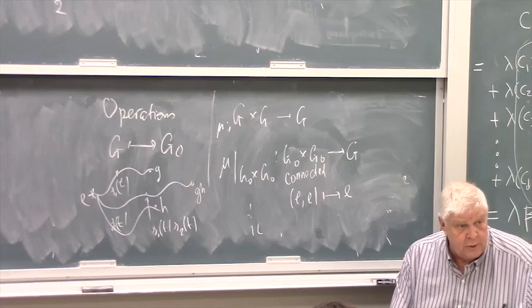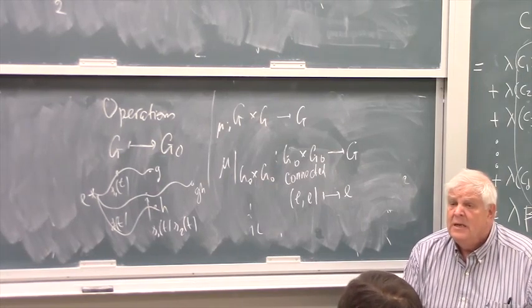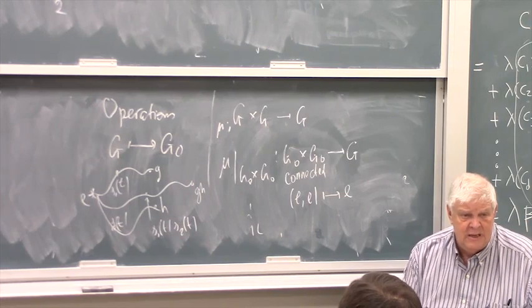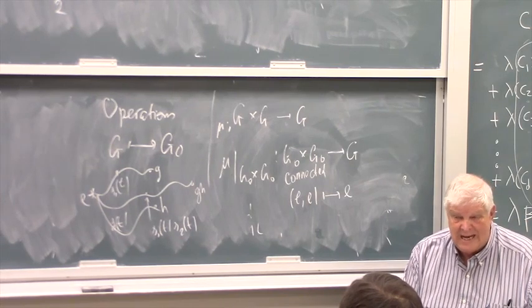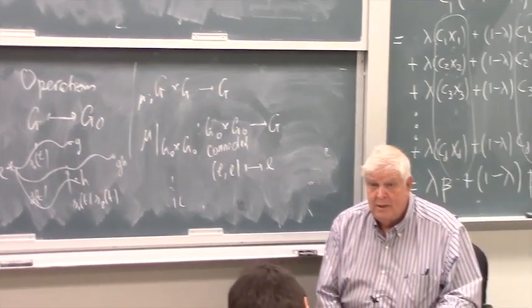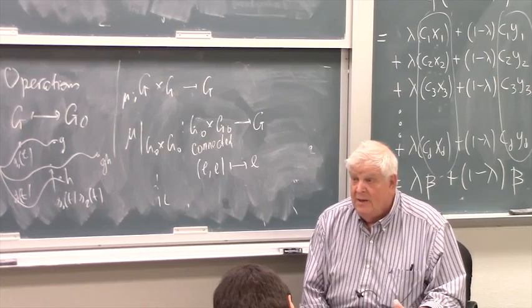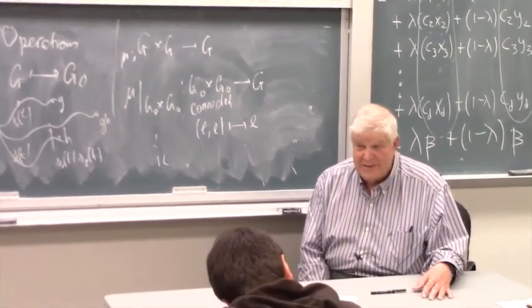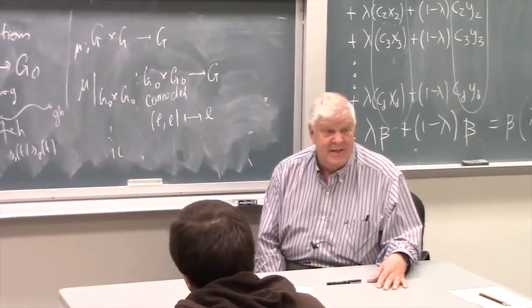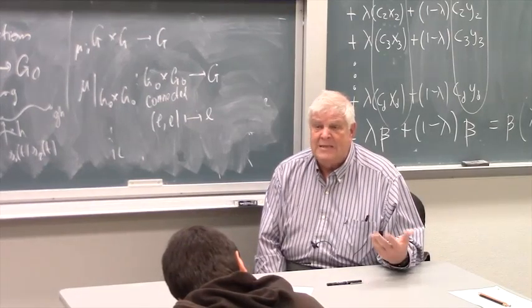So G0, the component. In our examples, I can only say that the component of O_n is SO_n. By the way, the group GL_n(R) also is not connected. The determinant is not 0, that's okay, but it may be positive or negative. And these are two components. You can consider only matrices with positive determinants.